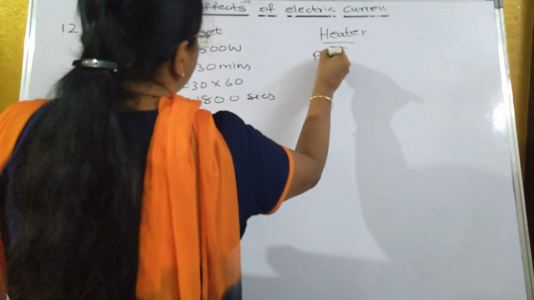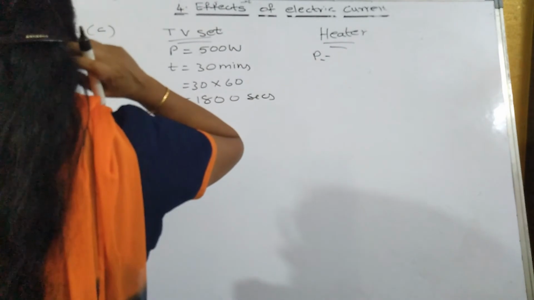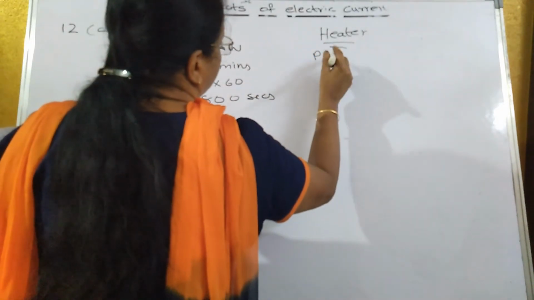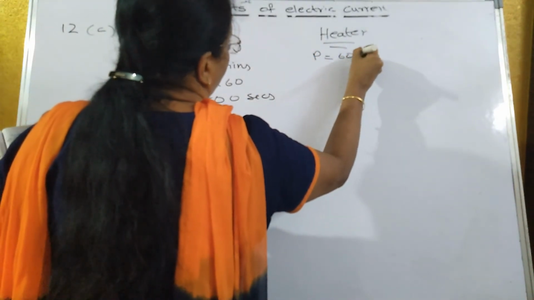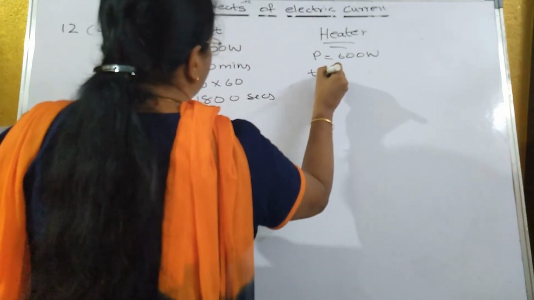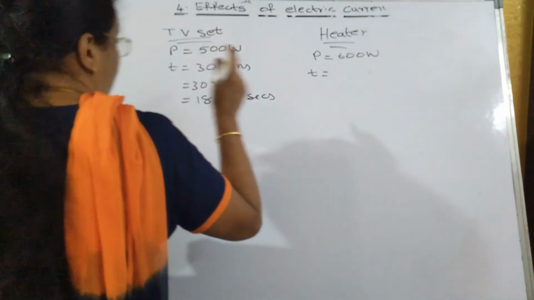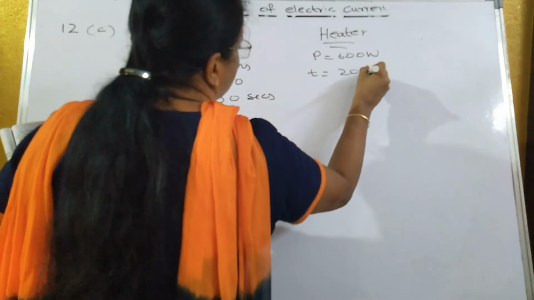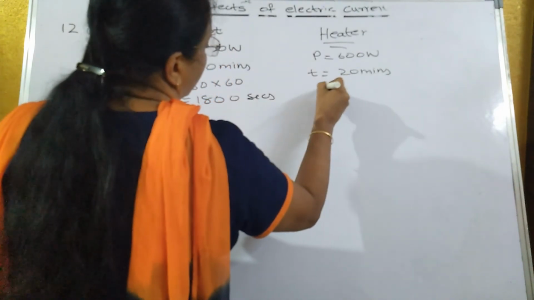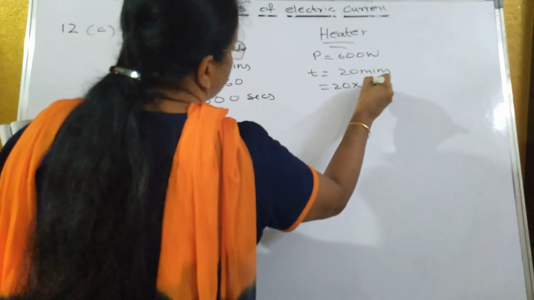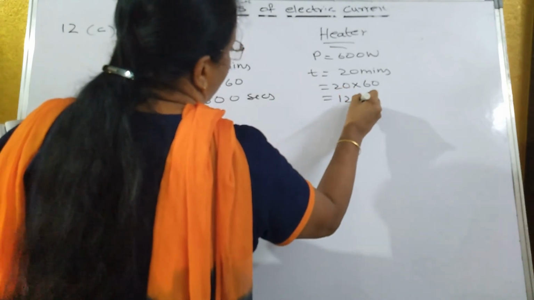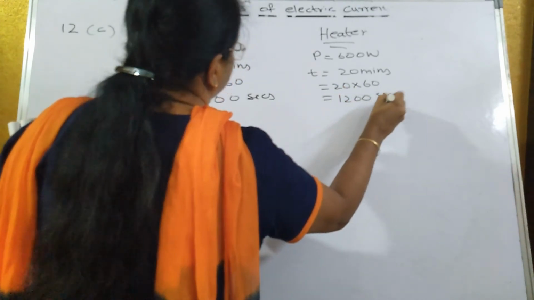Power used by heater is 600 watt. And time they have given is 20 minutes. So convert it into second. That is 20 into 60, that's equal to 1200 seconds.